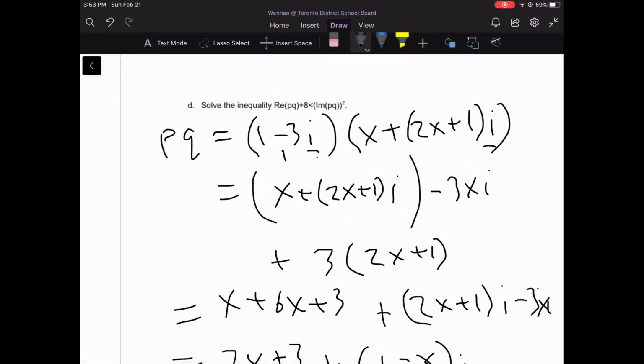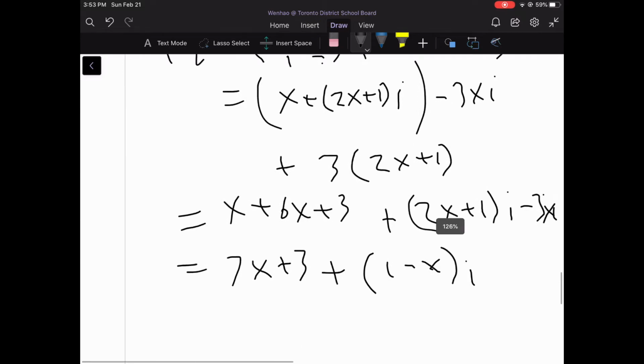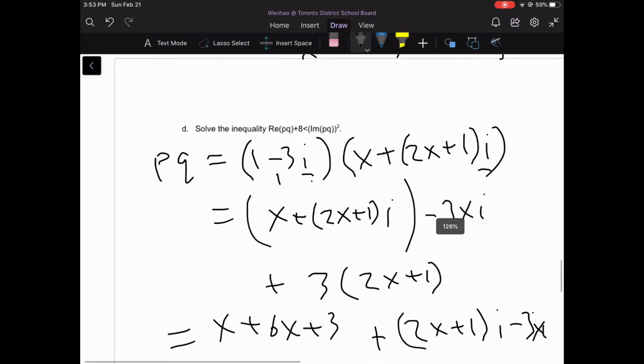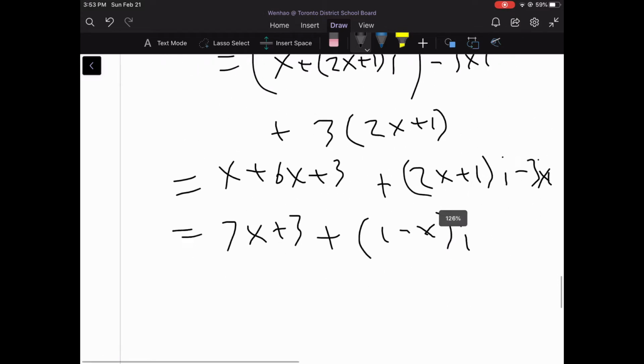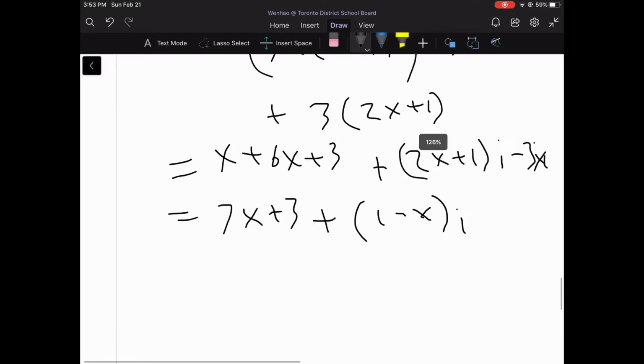And they want us to solve real of pq, which is 7x plus 3, plus 8 is less than imaginary of pq squared, and imaginary is 1 minus x. Okay, let's try to solve this.